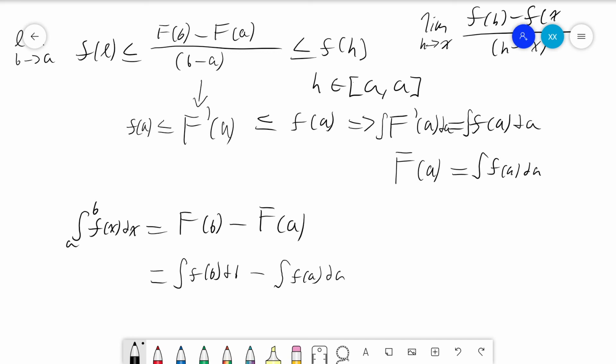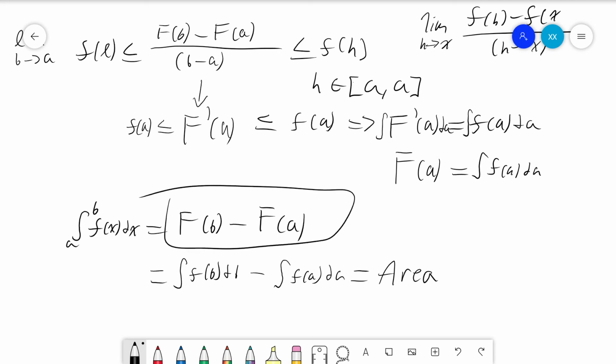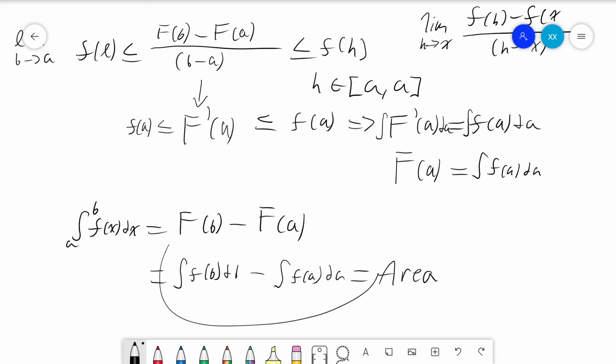It could be any variable there. And we know that this will give us our area because of how we defined our big F here. And because we know that this expression equals this expression, we know that this expression gives us our area.